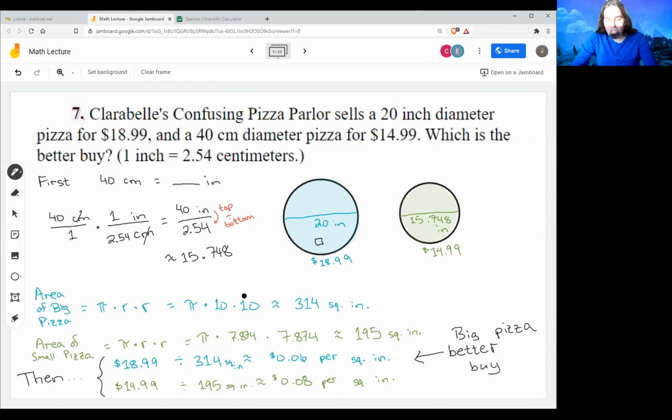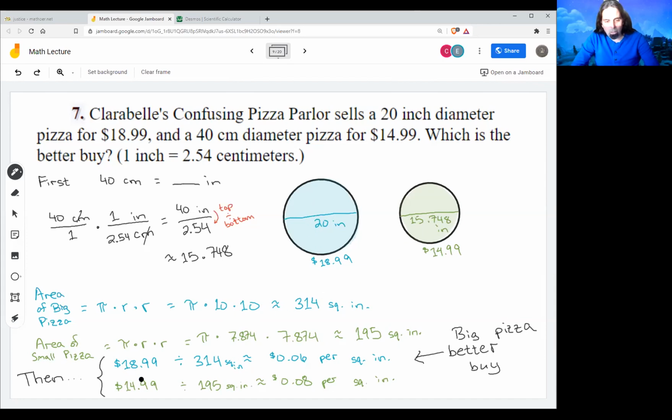Imagine a square cookie cutter, and for some reason you were buying it one square at a time. If you did it the other way, you would be doing square inches per dollar. It was like each of these was chopped up into $1 slices, and which $1 slice was better.